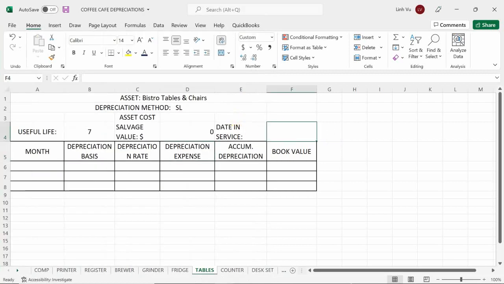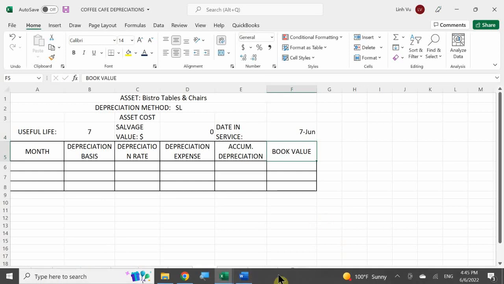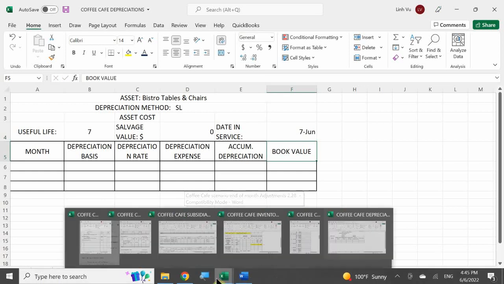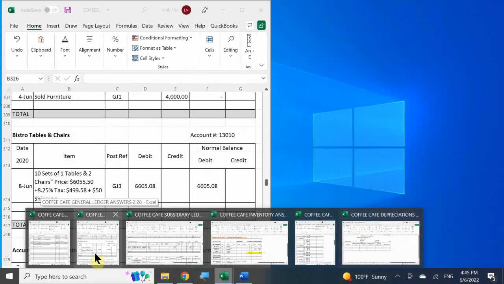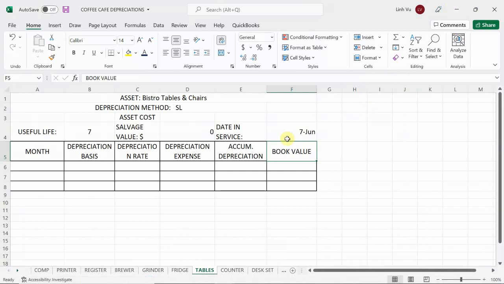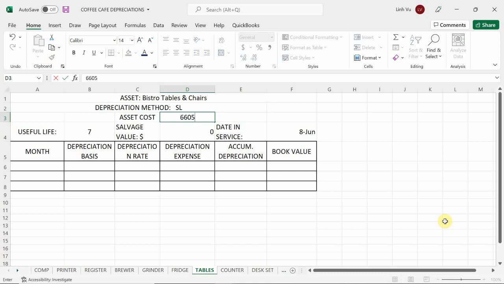Okay, so June 8th is when we received the tables and chairs, for $6,605.08. Okay. So we're using straight line.